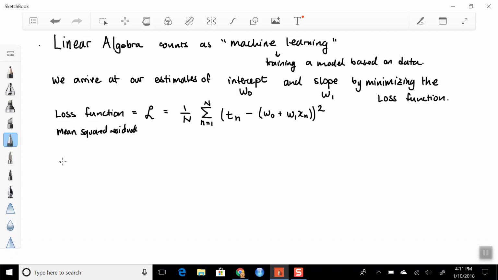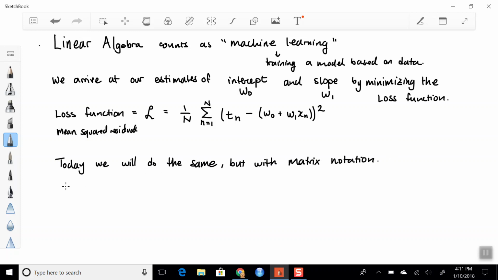So today we will do the same, but with matrix notation, okay?